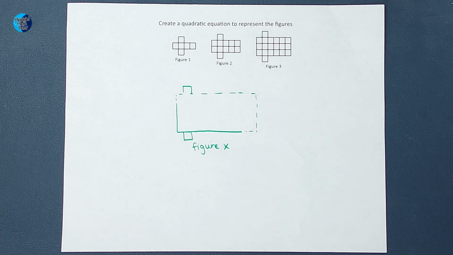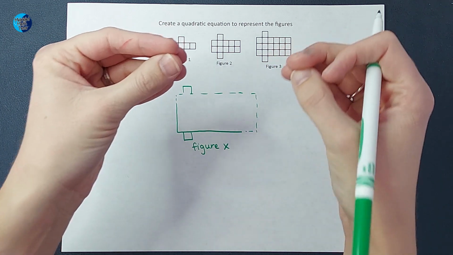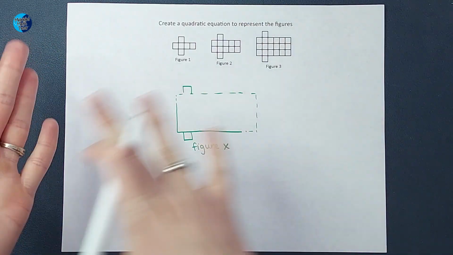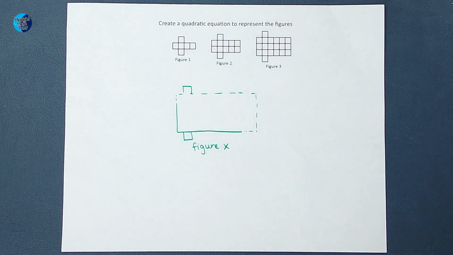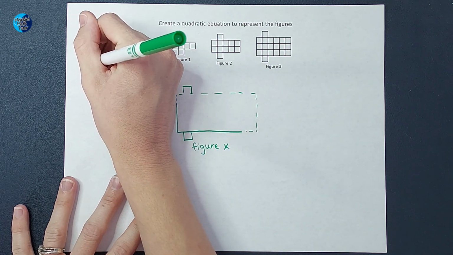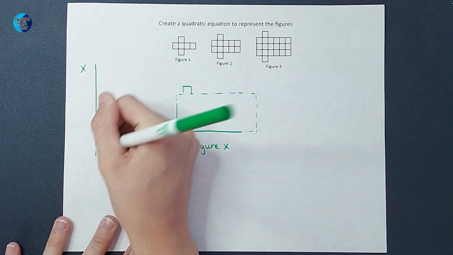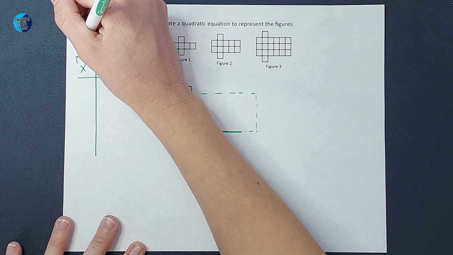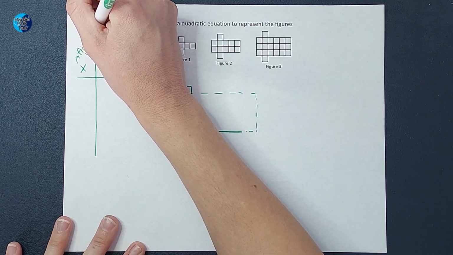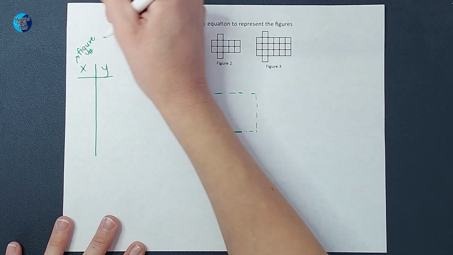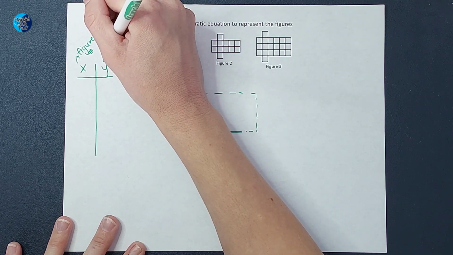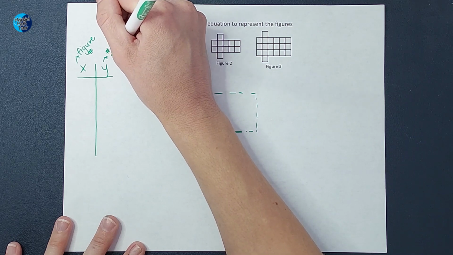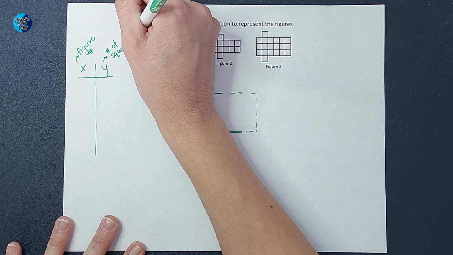All right, the next thing I'm going to do is make a table that represents what is happening with these figures and how they're growing. So we are going to have our table, X and Y. X is going to represent the figure number. And Y is going to represent the number of squares in the figure.